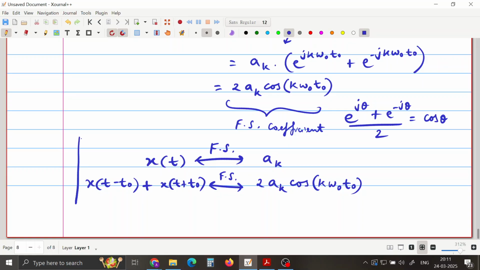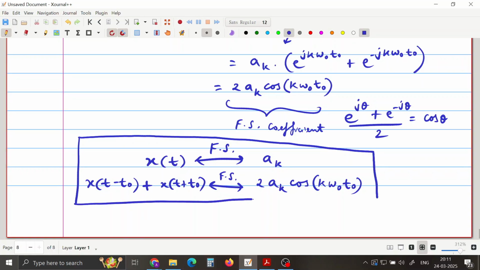This is nothing special because this is directly coming from the time shifting property and of course linearity.